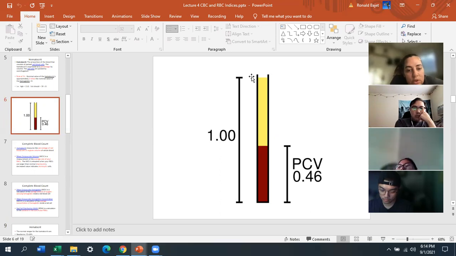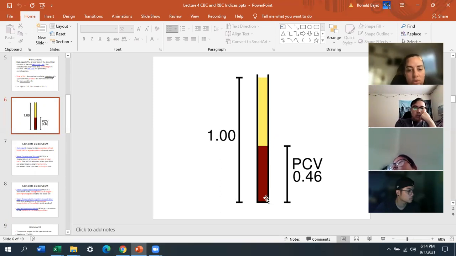For simplification, let's say this is 1.0 centimeter, and this is 0.46 centimeters. So 0.46 is the amount of the packed cells in this whole sample of blood.